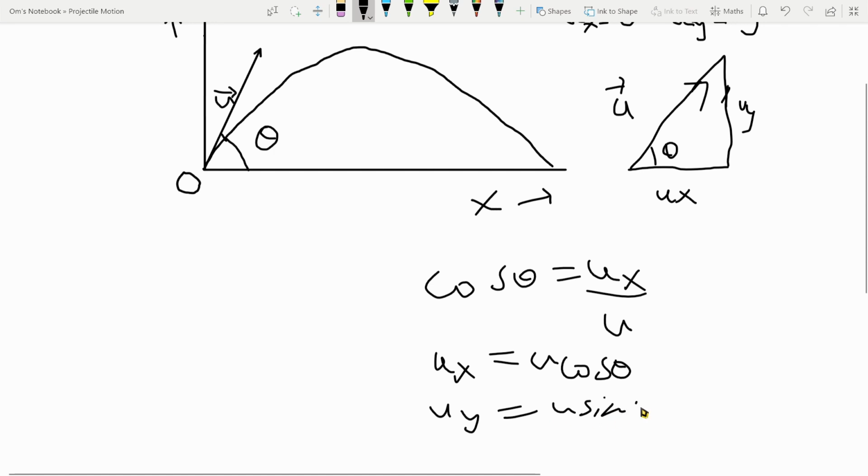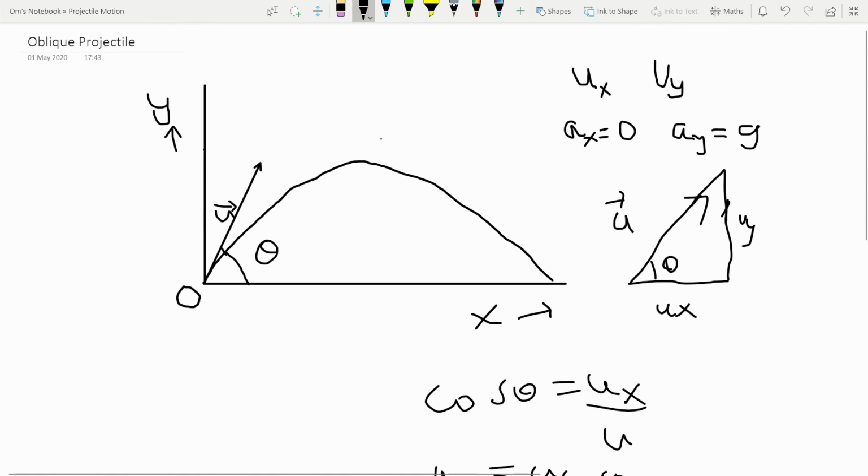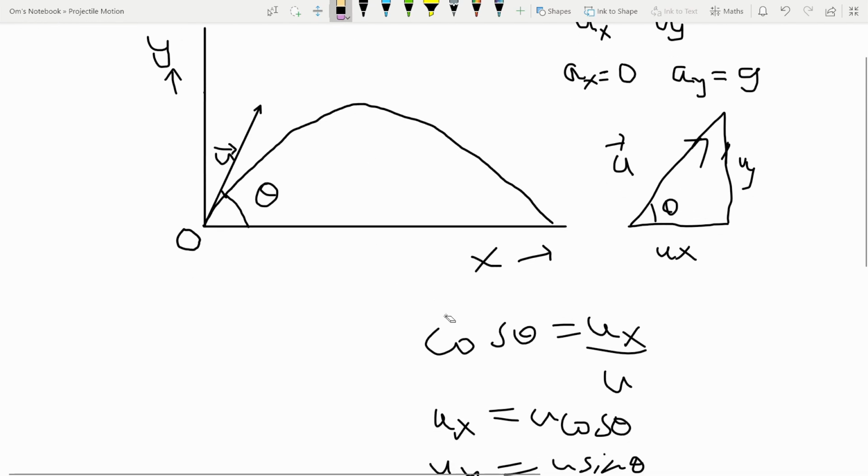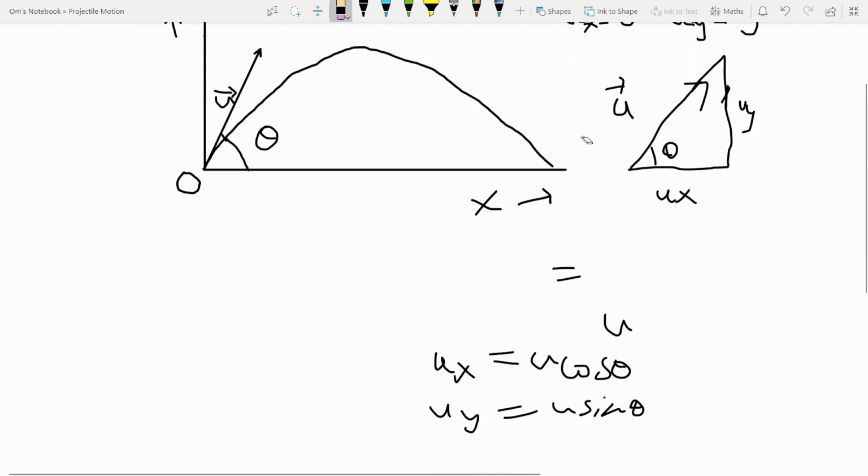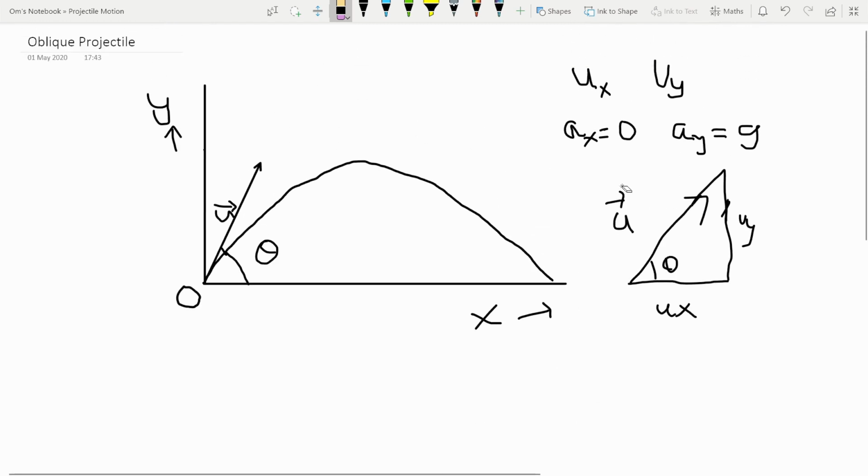Alright, so we're just going to keep this in mind. I'm just going to erase this to start it over here. I'll write it up there. So what we can write here is ux is equal to u cos theta, and uy is equal to u sin theta.